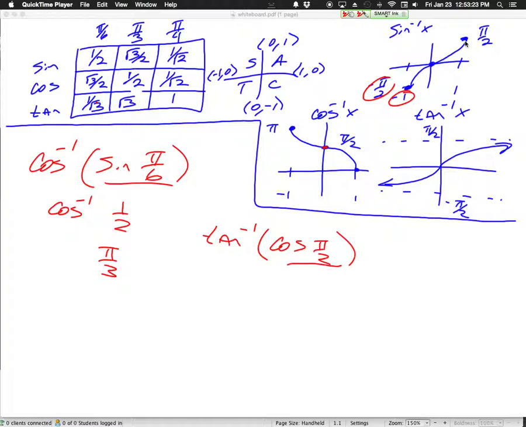I go to my chart. There's no pi over 2, so that tells me to do what? Look at the graph. So I go to cosine. Here's pi over 2. What matches up with pi over 2? 0. So now I want inverse tangent of 0. So I go to tangent on my table. There's no 0, so then what do I do? Go to the graph. 0 is right there, so we end up with 0.